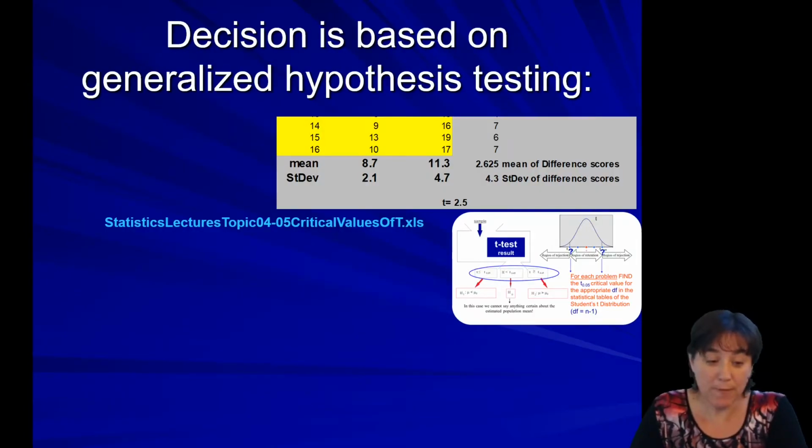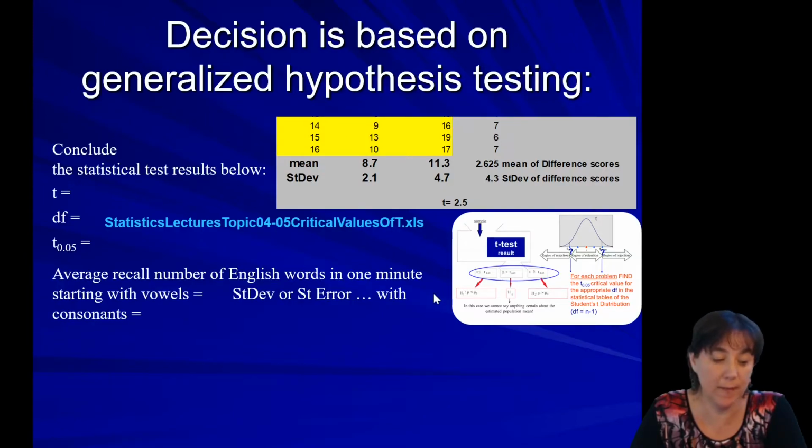Getting back to hypothesis testing, your decision is always based on this. You have a t-value, which if calculated well, should be 2.5. Then you have a degree of freedom, okay, and that's 15, based on how many observational units we have.